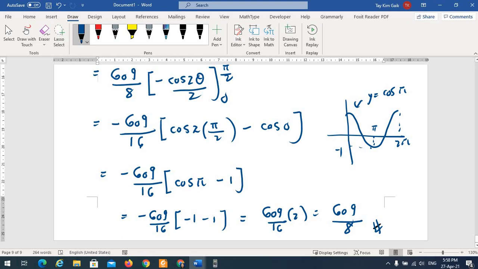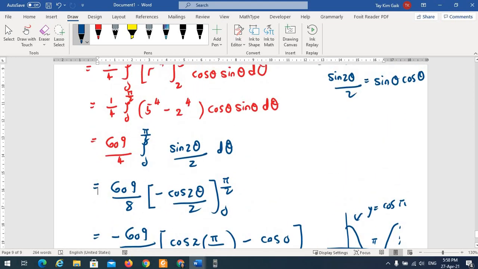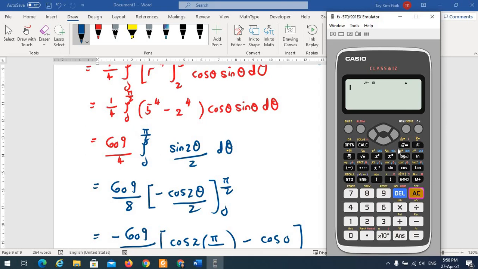If you want to check, use the calculator up to here, and see whether your calculator can integrate cos theta sin theta. See whether we can get the same answer. Outside, put 609 divided by 4. Integrating from this form, without changing to sin 2 theta divided by 2.